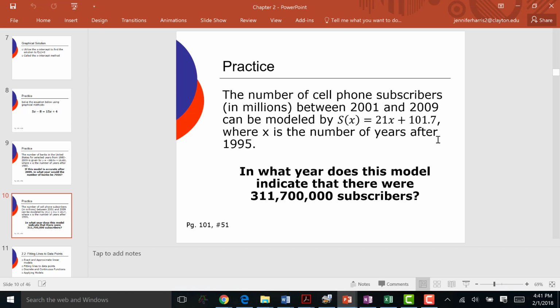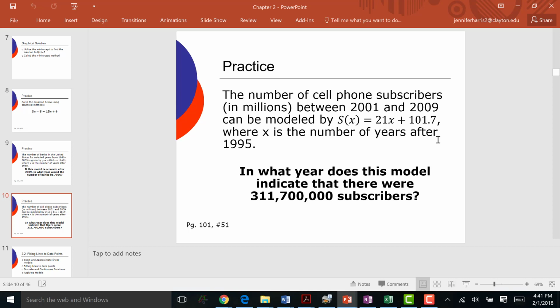Is that my final answer? No. Did they ask me for the actual x, or did they ask me for in what year? Okay, so x is the number of years after 1995. So what should I do with that 10? Okay, 10 plus 1995, because this was years after 1995.